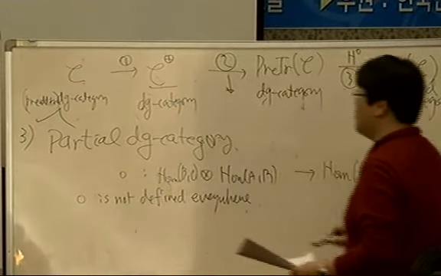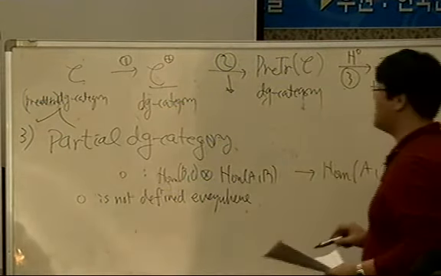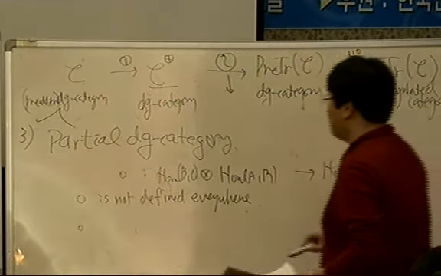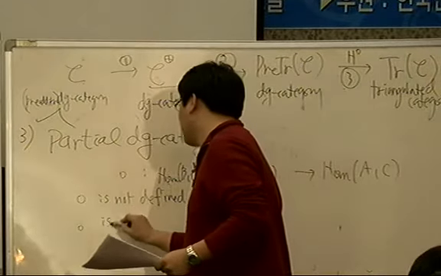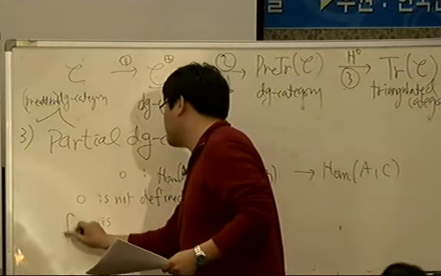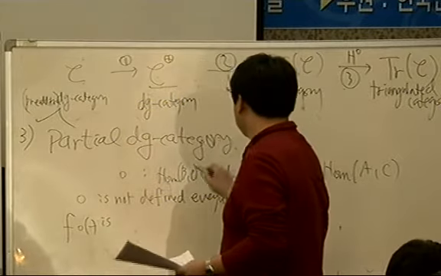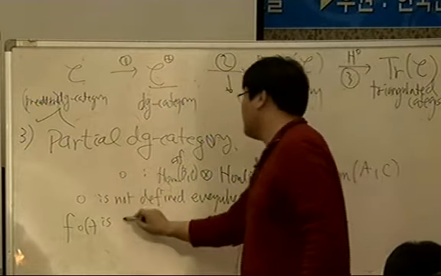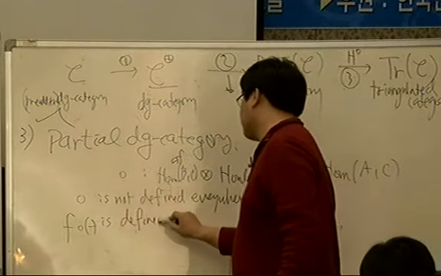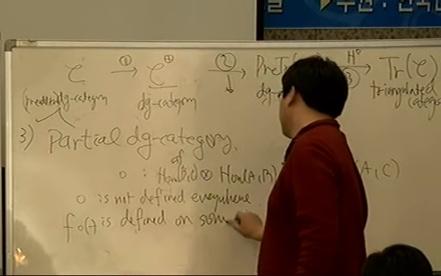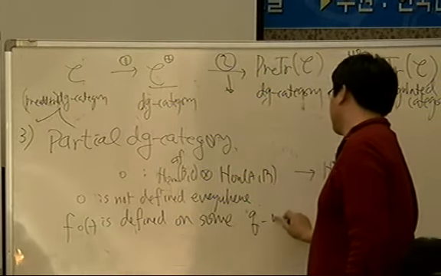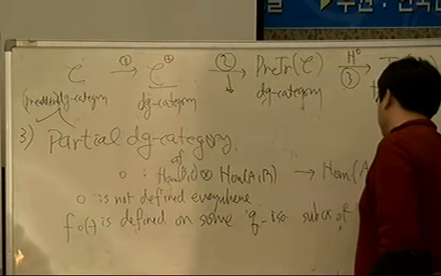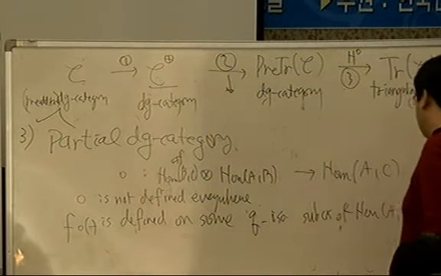So that's actually one weakening of this DG concept. But another thing is, this composition is actually defined. For a fixed f, for instance, suppose f is fixed over here, then this composition is defined on some quasi-isomorphic subcomplex of this Hom(A,B).